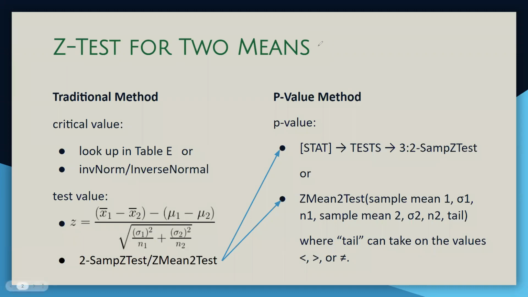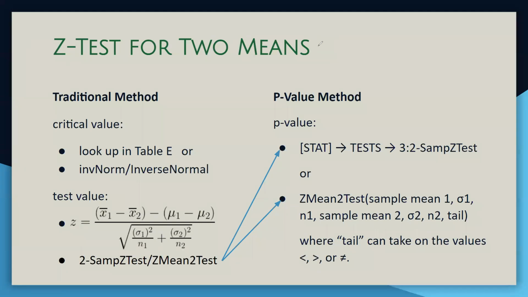So for the calculator, you can get that test value by using the same function calls we're going to use in the p-value method. So on a TI-84, same menu, stats test, and then you're looking for option 3, which is two sample z-test. Or in GeoGebra, it's z mean 2 test.